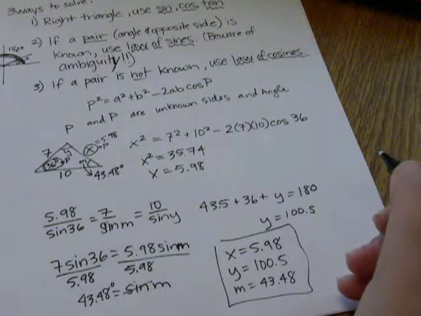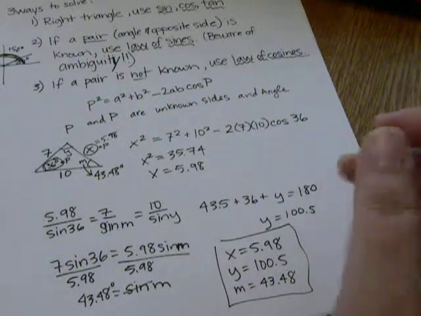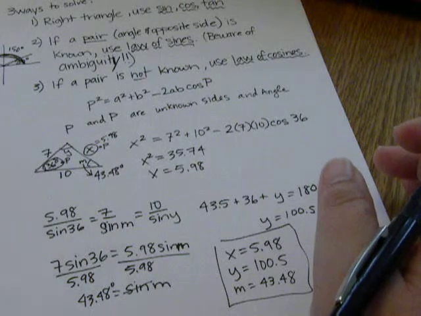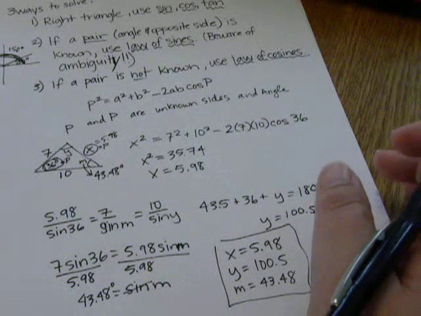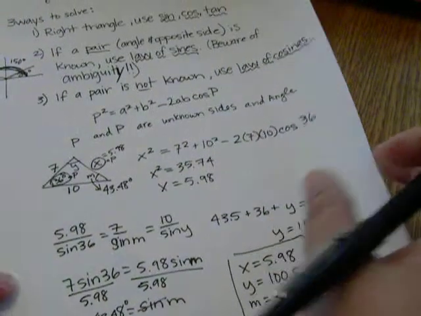And you'll notice that my answers are just a little bit off from what's in the book, but that is fine. Again, they're close. When you round, you just run into those differences.